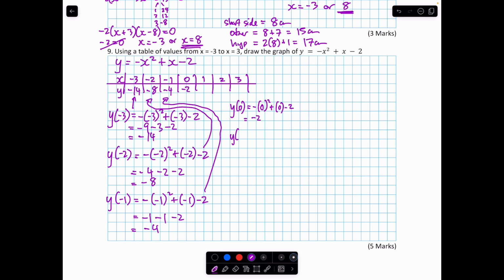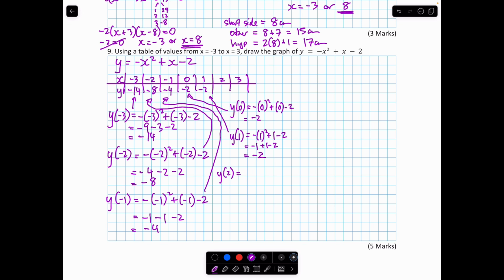Substitute when x is equal to 1: negative 1 squared plus 1, take 2. Negative 1 plus 1, take 2, negative 2. So arrow there. Arrow there.